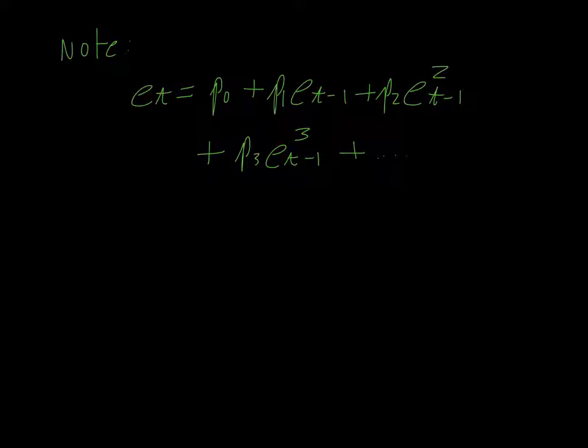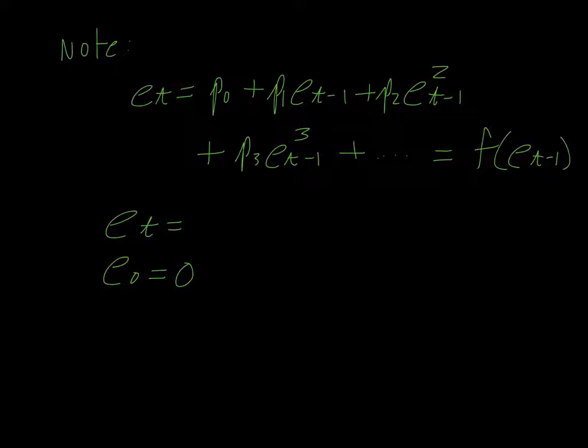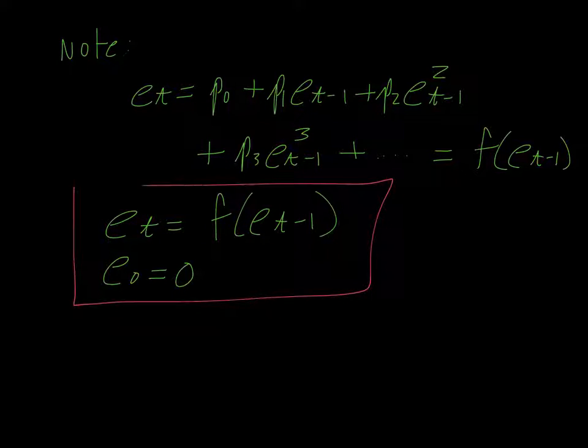And what you end up having, okay, because your population is not extinct when you start the experiment, you have an initial condition of 0, and you have this difference equation, where if we call this right-hand side f of E sub t minus 1, you have this nonlinear difference equation for the extinction probability of your family name. So this is your Galton-Watson branching process model.